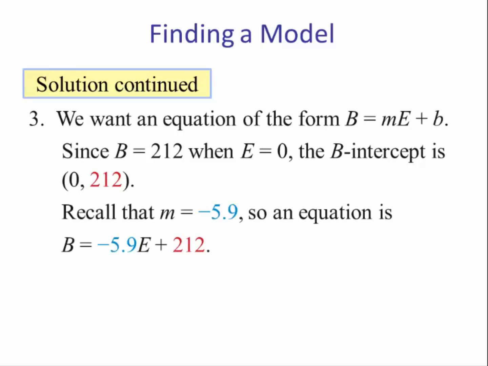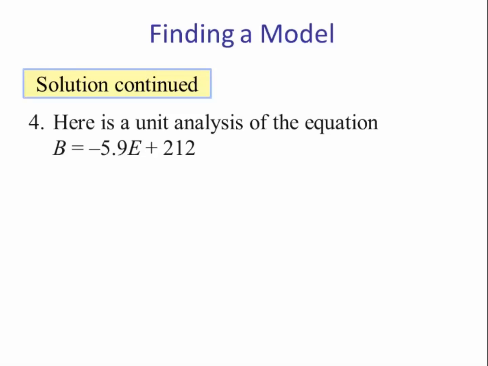We also know that the slope is negative 5.9, so our equation is B equals negative 5.9 times E plus 212.